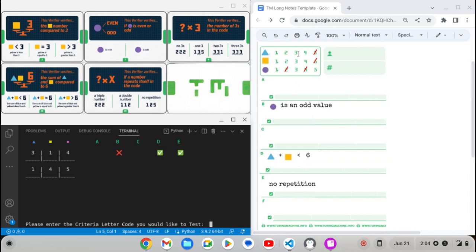Again, if there's a 3, I don't think 3 could go in for triangle or square. Well, let's see, 3 plus 4 is 7, so that's not going to work. So it'd either be 1, 3 or 2, 3. If it's 1, 3, and I don't think it would be 1, 3, because then circle would have to be a 5.